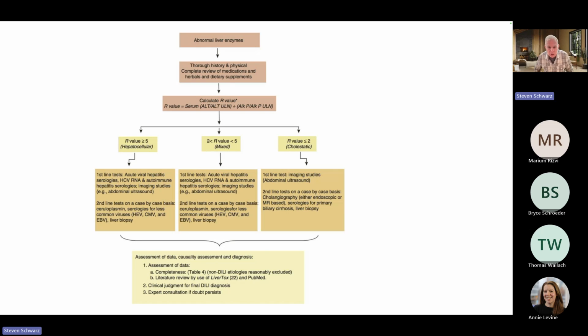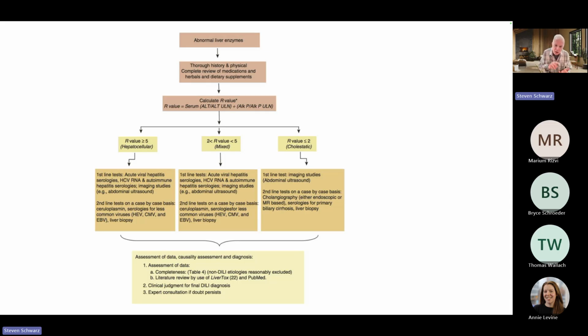So again, abnormal liver enzymes at the top, a thorough history and physical, a complete review of medications, herbal and dietary supplements, calculate the R value. And again, if you are convinced that this is likely to be a DILI, or DILI is part of the differential, let's say your R value over to the left is greater than 5. That's a hepatitic response.